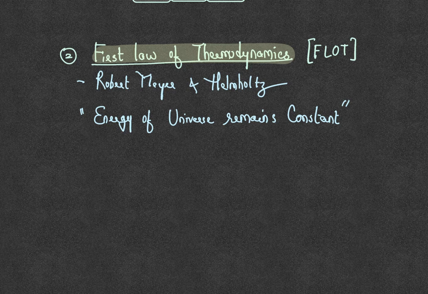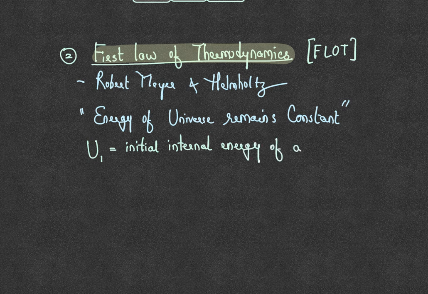Now we try to get the mathematical form. So here we say that let U1 be the initial internal energy of a system.